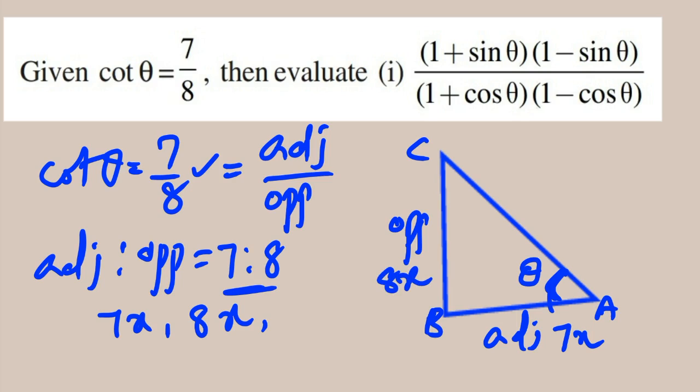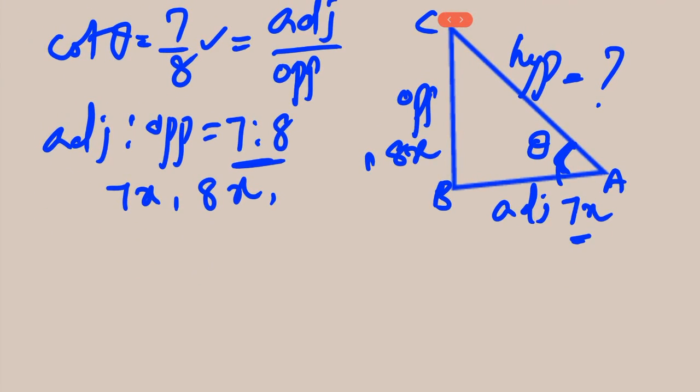So to find the sin theta and cos theta, we need the hypotenuse. So what is this hypotenuse? Hypotenuse length we need to find. In a right angle triangle we already have the lengths of two sides. So how can we find the other side? By using Pythagoras theorem we can find it. So what is Pythagoras theorem?